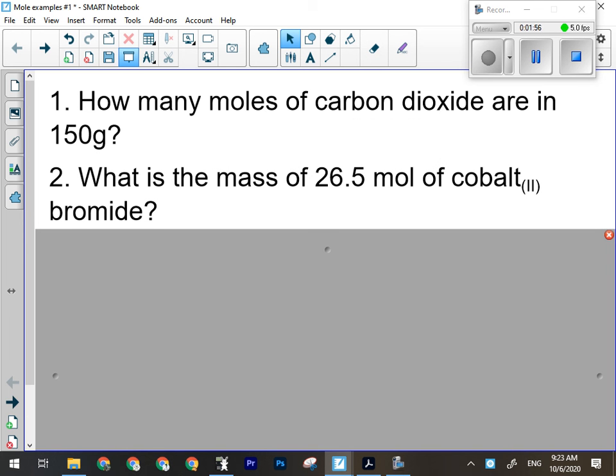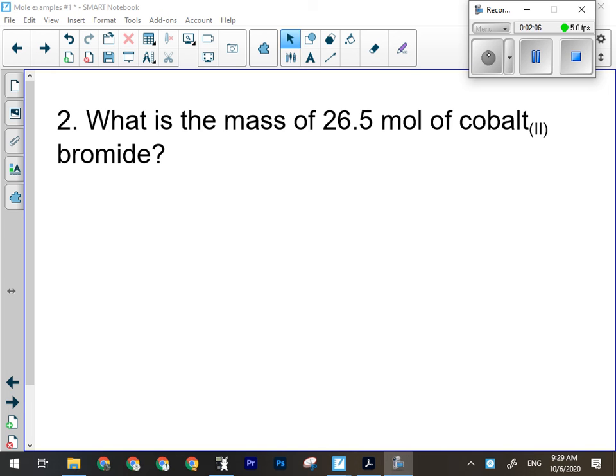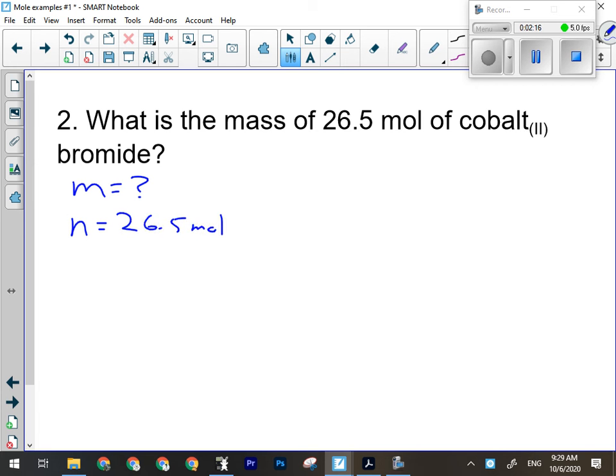We're looking for the mass this time of 26.5 moles of cobalt 2 bromide. So for number 2, we're looking for the mass, little m, of 26.5 moles, which I know is little n, of cobalt 2 bromide. It's super important that I get the formula right on this. It's cobalt 2, which means the cobalt with the 2+ charge. Bromine is a -1, so we're looking at CoBr2.